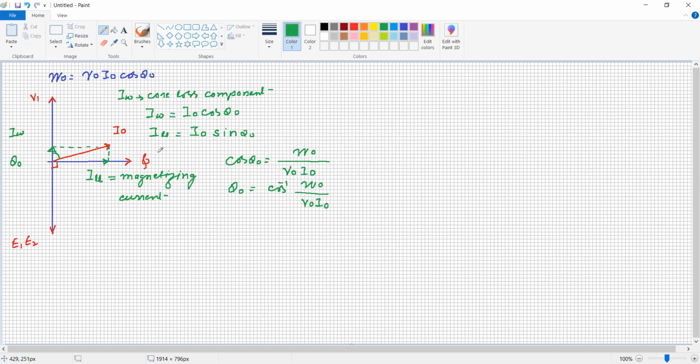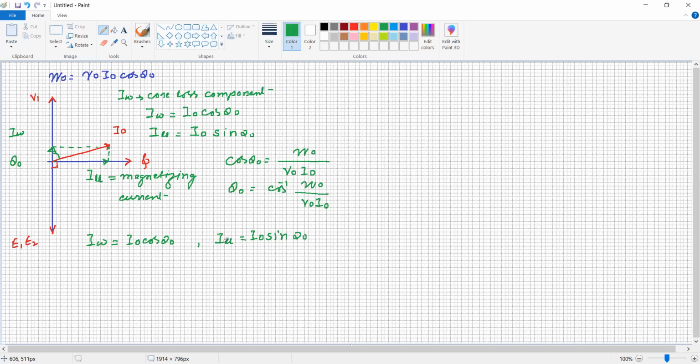Once theta 0 has been calculated with this equation, we can calculate IW, which is I0 cos of theta 0, and similarly I mu, which is I0 sine of theta 0. So this is the magnetizing current.